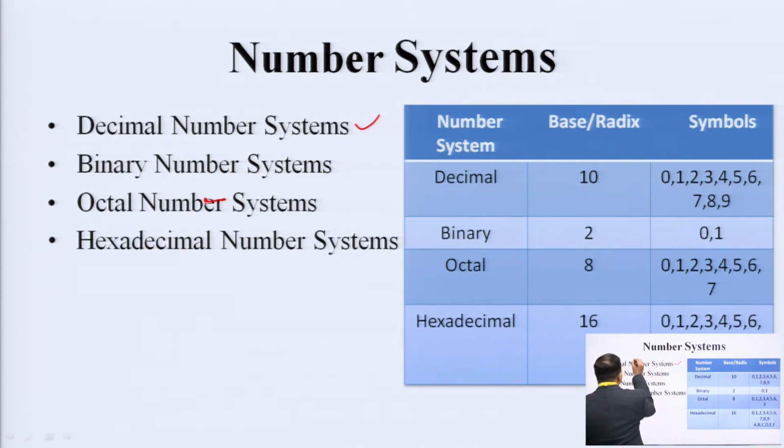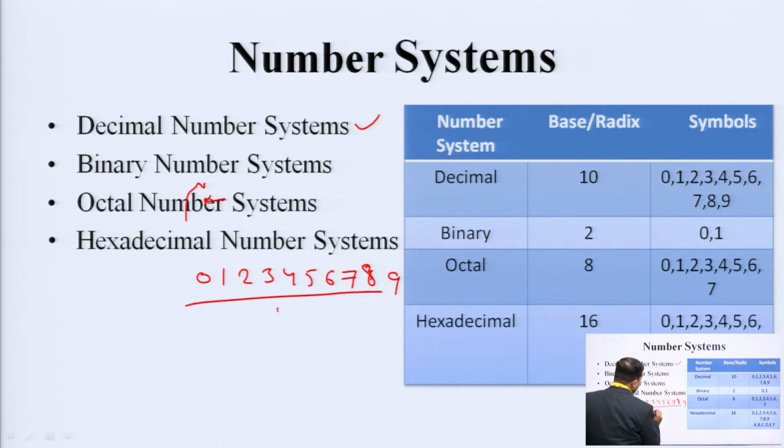These are the 10 symbols. We already know about the decimal number system, but in digital electronics we will learn about 3 other number systems. They are the binary number system, octal number system and hexadecimal number system.